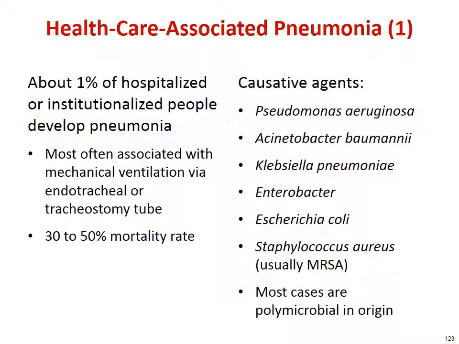I want to point out that there are multiple different types of causative agents that we usually wouldn't see, and many of these infections are introduced through improperly cleaned ventilation resources, things like endotracheal or tracheostomy tubes that are not properly handled. I want to point out some of the more concerning things.